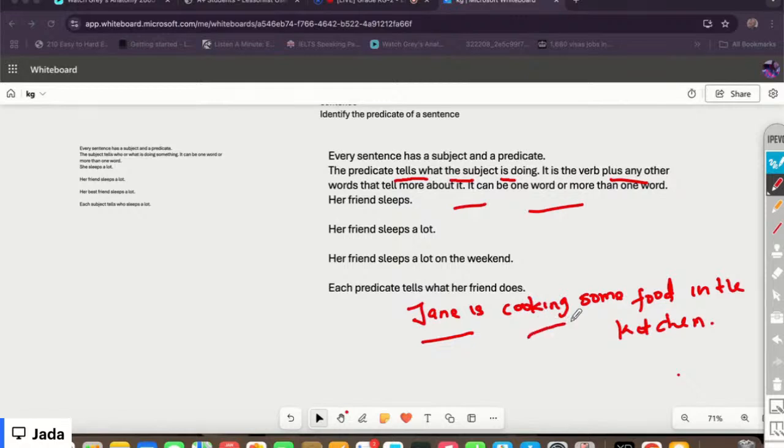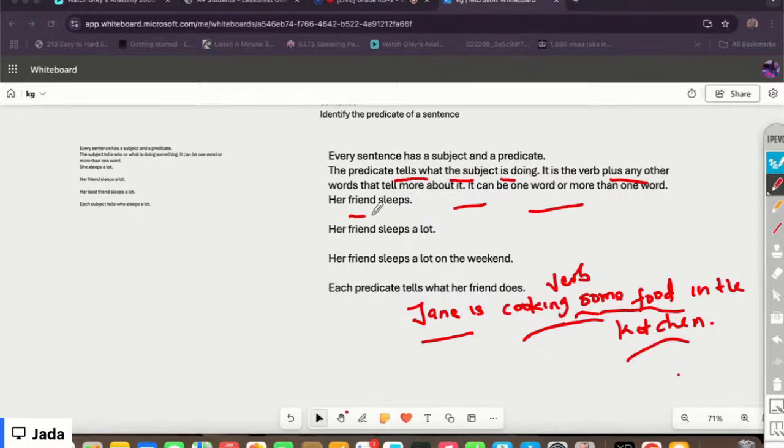Jane is cooking. So cooking here is the verb, and then you can add this other information. So like it said, the verb plus other words that tell what the subject is doing. So if you want to elaborate more, then you can just say Jane is cooking some food in the kitchen. So it's giving more details about what the subject is doing.